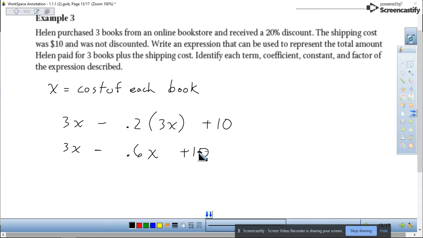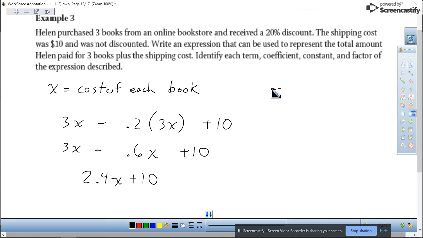Now I'm looking at some like terms because we have x to the first power here and x to the first power here. So 3 minus 0.6, we subtract those coefficients, we end up with 2.4x plus 10. Okay, now we have a fully simplified expression and we can start labeling our parts.